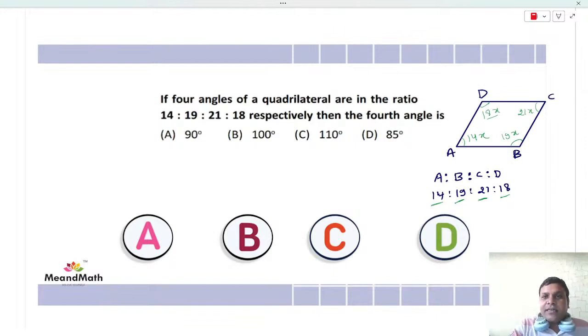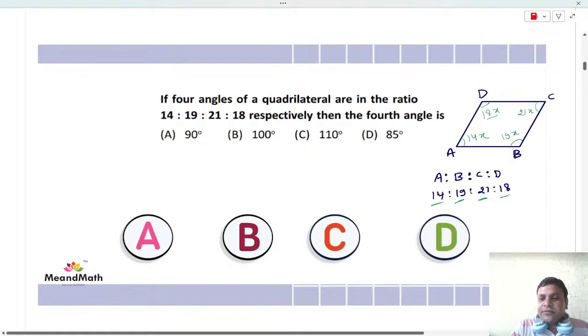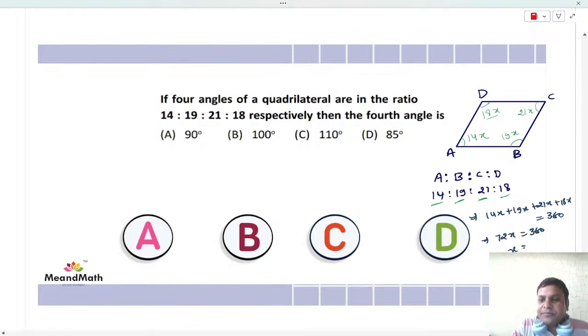Then I just use this basic property. So 14x plus 19x plus 21x plus 18x is equal to 360 degree. So if you add the left hand side, it is 72x is equal to 360. So x will be 5. So what is the x here? X is 5 here.